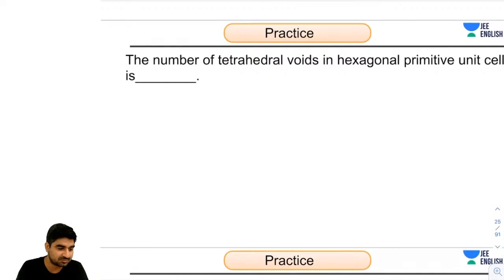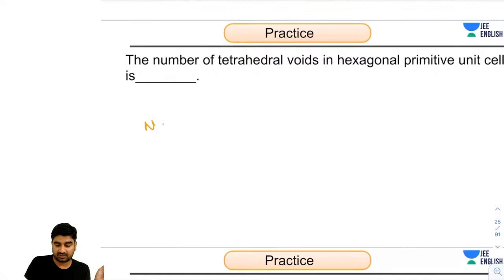Yes, Matthews. Yes, let's see. The number of tetrahedral voids in hexagonal primitive unit cell is.